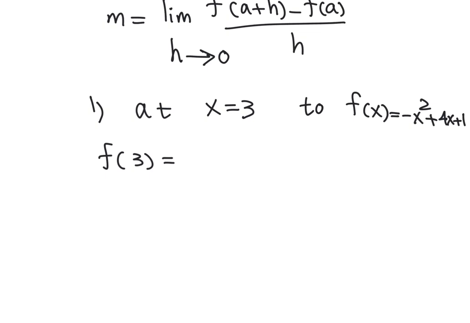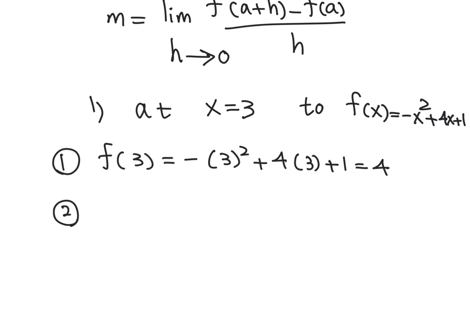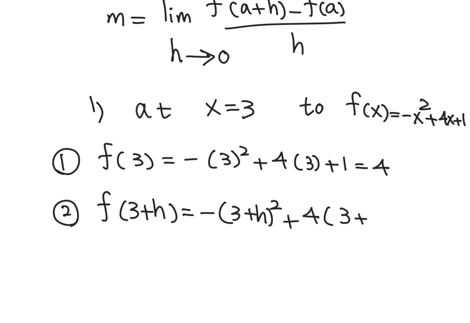F of 3 is equal to minus 3 squared plus 4 times 3 plus 1 equals 4. So first step you find f of 3. Second step, I want you to find f of 3 plus h equals minus 3 plus h squared plus 4 times 3 plus h plus 1.